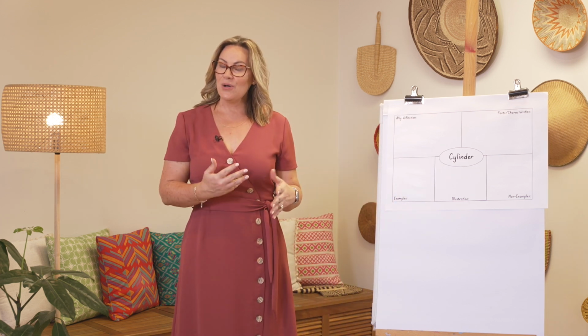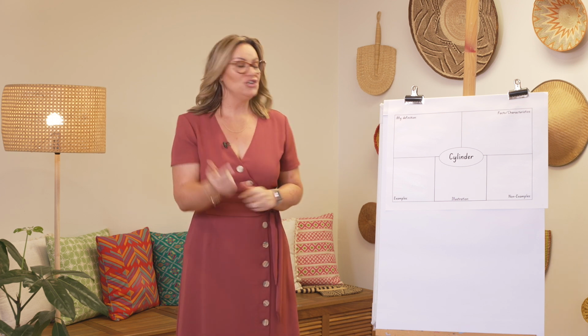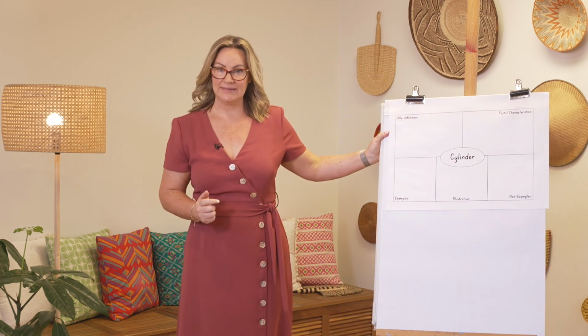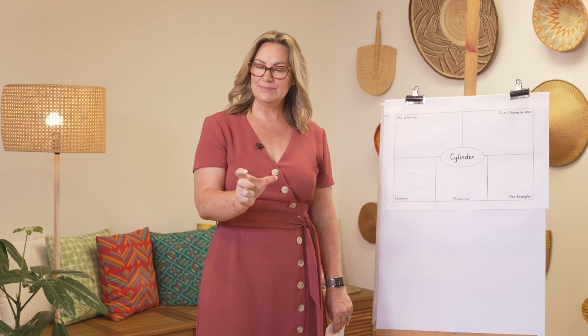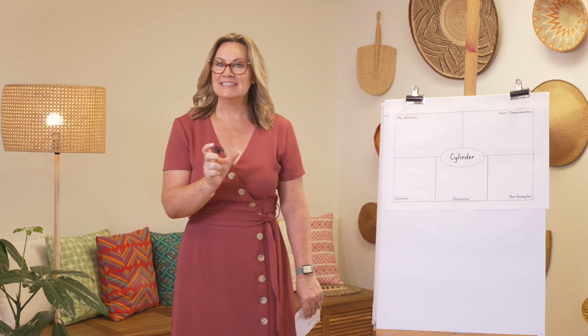Let's have a go. I'm going to hold up some information and I'll read it out to you, and you need to think about which part it belongs in. Thinking about those headings. So, a cylinder. Can you think of items or objects that are cylinders?